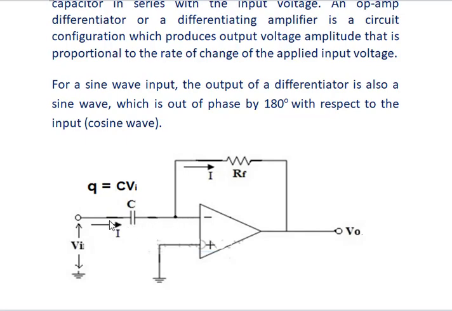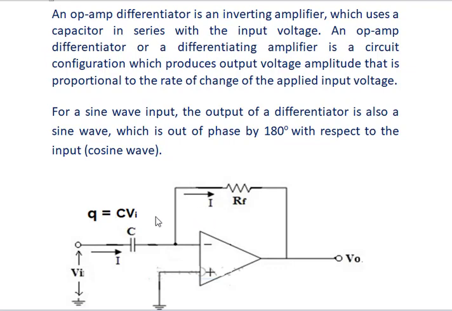The capacitor is connected to the inverting input of the operational amplifier, and a feedback resistor is connected between the output and the inverting input of the circuit, and the non-inverting input is grounded. The input voltage is given here and the output voltage is taken here.